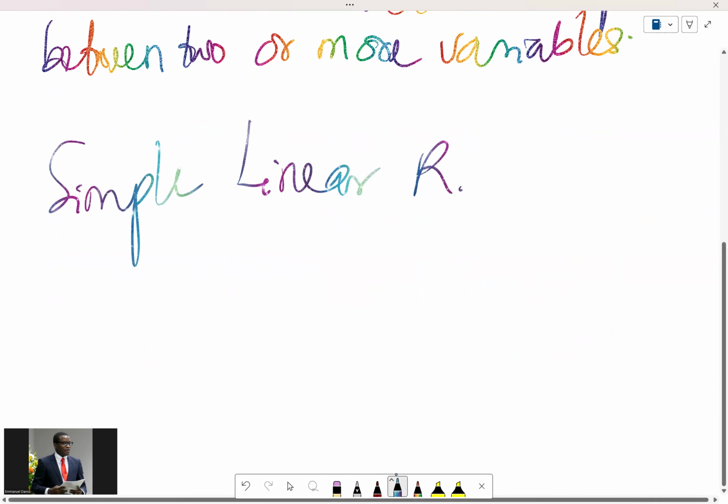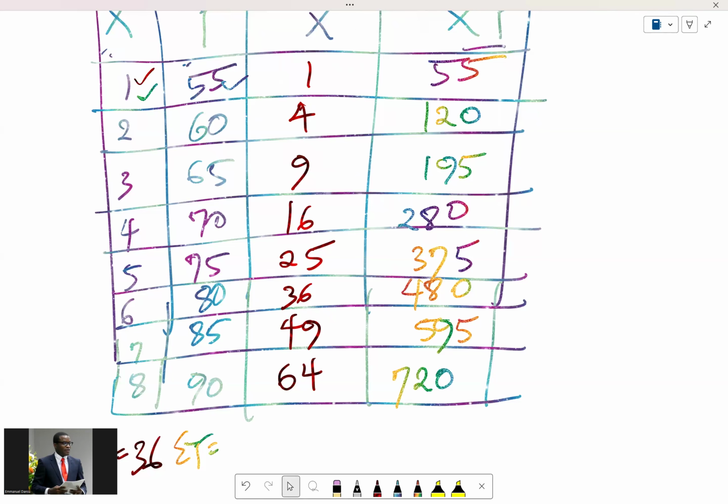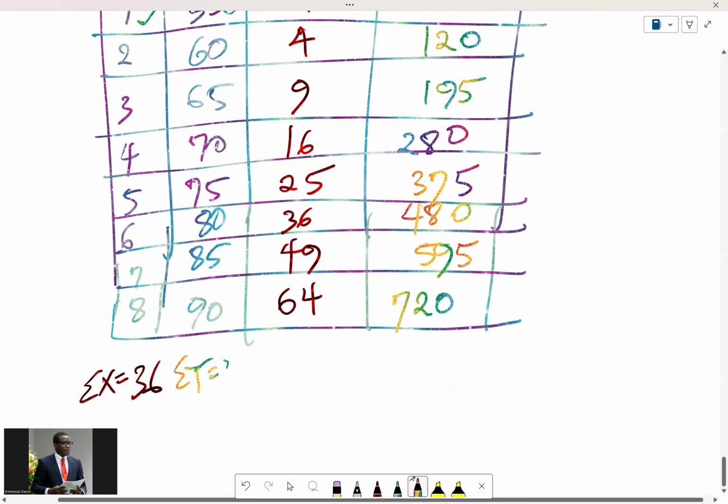Then the summation of y: 55, 60, 65, 70, 75, 80, 85, 90. All of that will be 580.